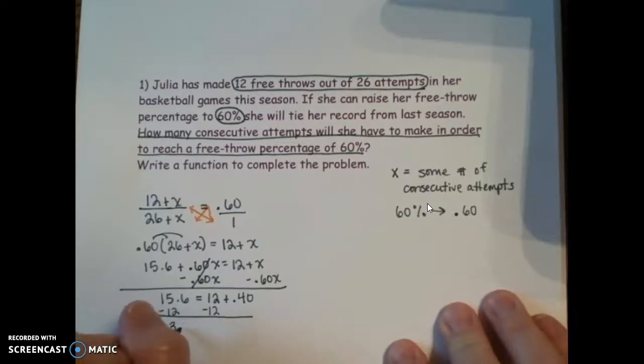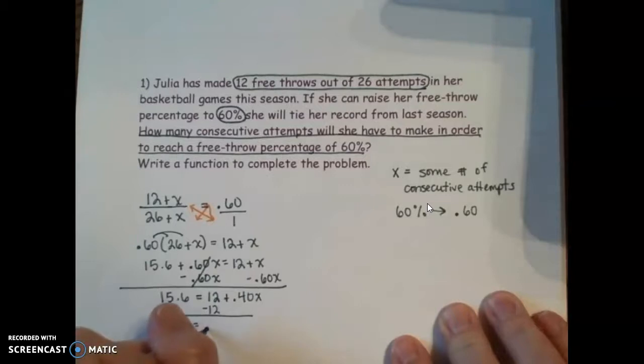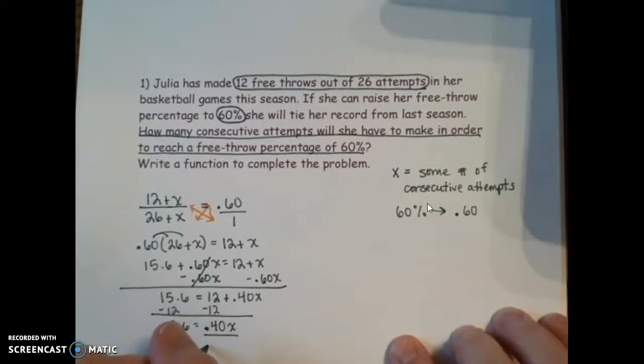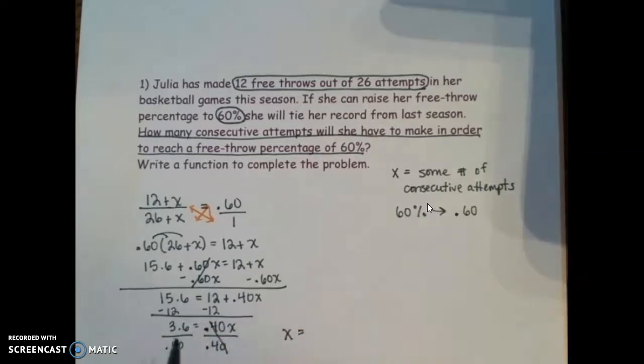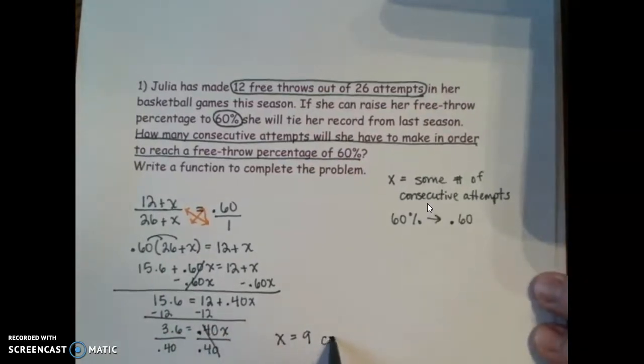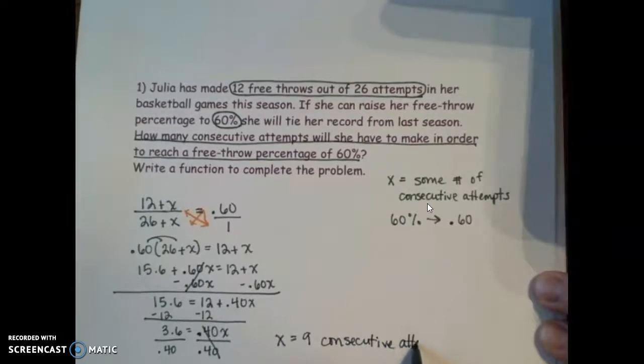That's going to give me 3.6 equals, forgot my x there, 0.40x. We would then divide. And when we do that, you're going to get x equals 9. So 9 consecutive attempts.